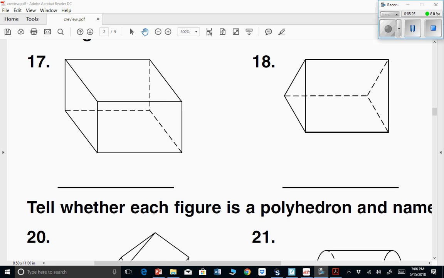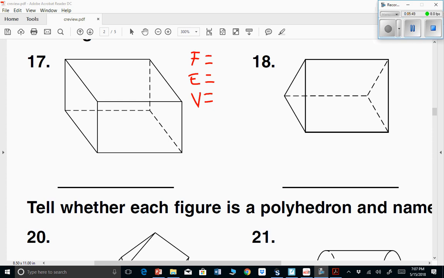Okay, we've been dealing with two-dimensional figures, and now we're going to three-dimensional figures, which are called geometric solids. The question here is, how many faces, edges, and vertices are there? Faces are flat surfaces.